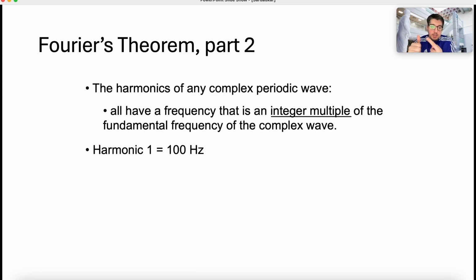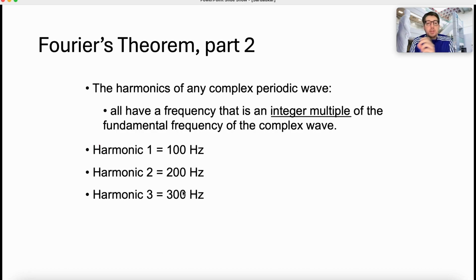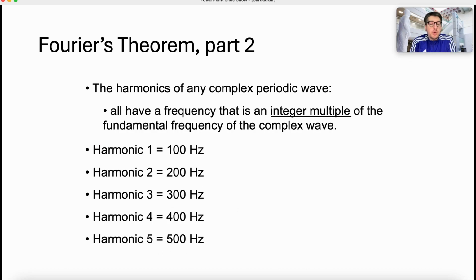This means that for a fundamental frequency of 100 Hz, the basic harmonic, the frequency of the next harmonic will be an integer multiple: 100 plus 100 is 200, 100 plus 100 is 300, and so on and so forth. We can go up to an infinite number of harmonics.